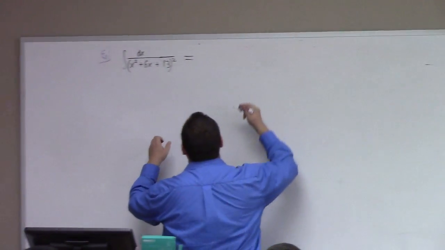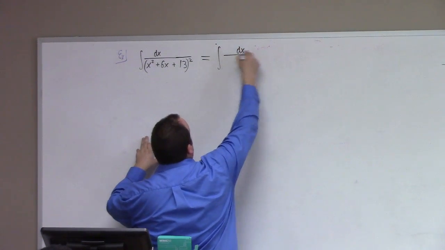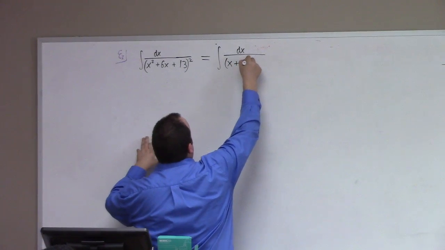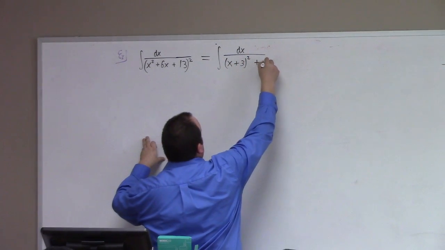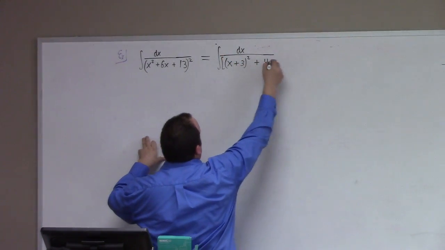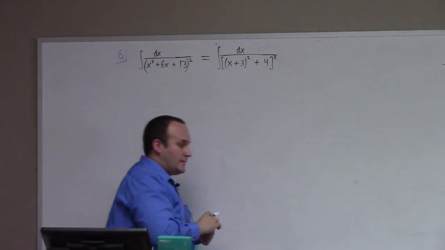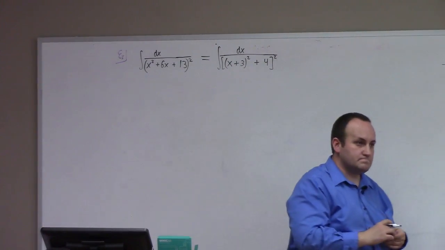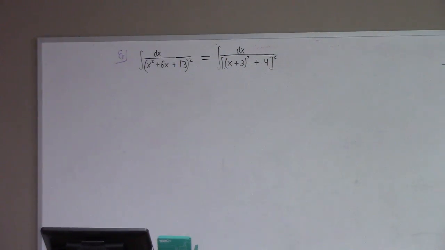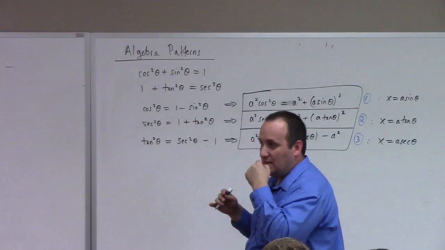So the way we do this is, first of all, we use this thing called completing the square. Remember completing the square? So here we go, x plus 3 quantity squared plus 4, because 9 plus 4 is 13. All right. So now I think about, okay, well, I kind of know u substitution's not going to help me out here, right?